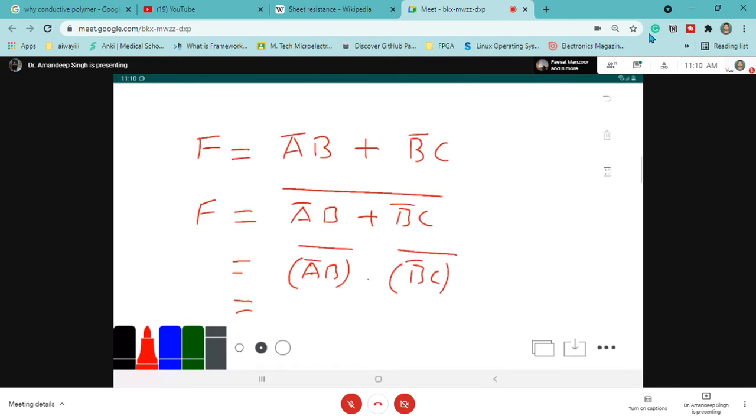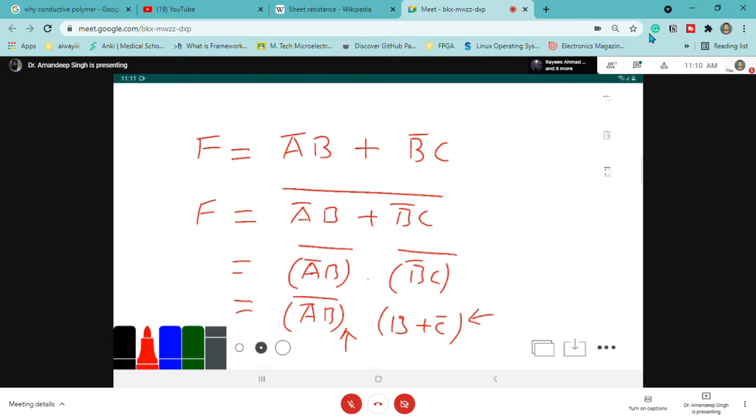Suppose this is basically a bar b, which you are taking bar. Now this is basically b plus c bar. Means this, you are going to implement using NMOS and this with the PMOS.